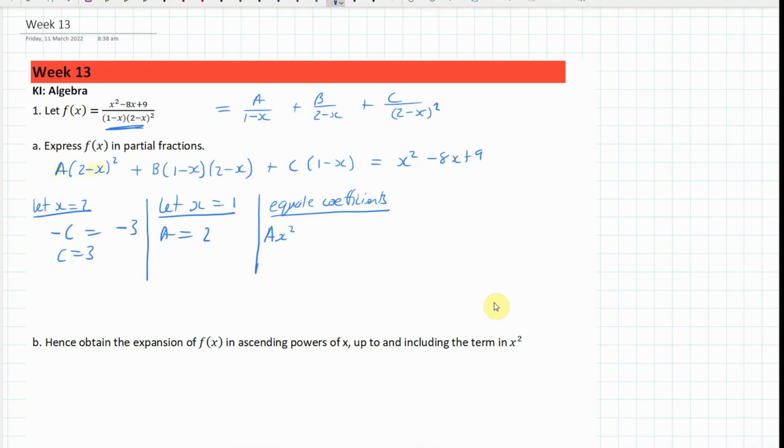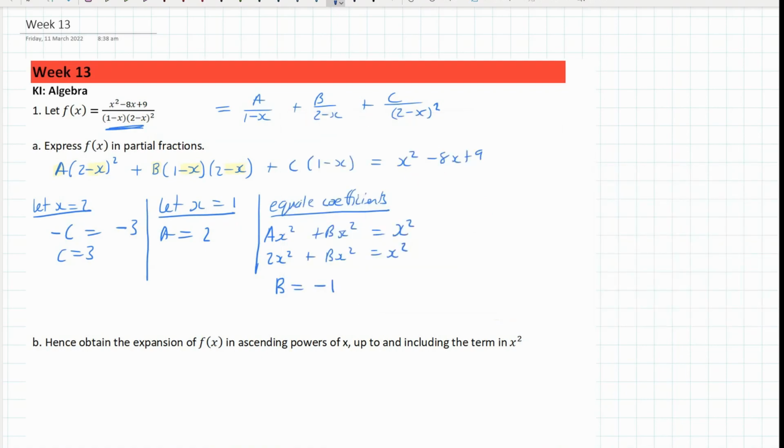And then the only other way you can make it is b times negative x, which is going to be bx squared. And that ought to give us this here, which is x squared. And now we know that a is 2, so I get 2x squared plus bx squared equals x squared. So therefore b is equal to negative 1.